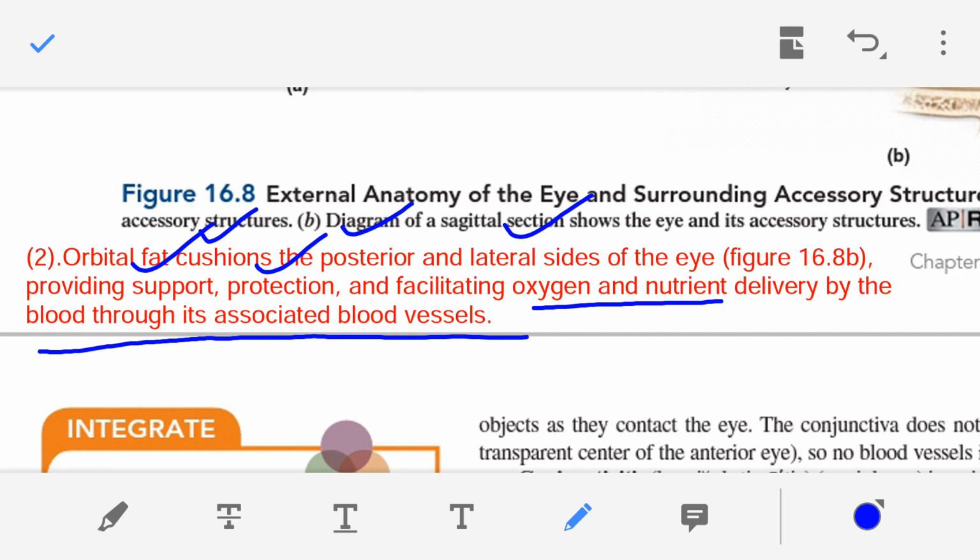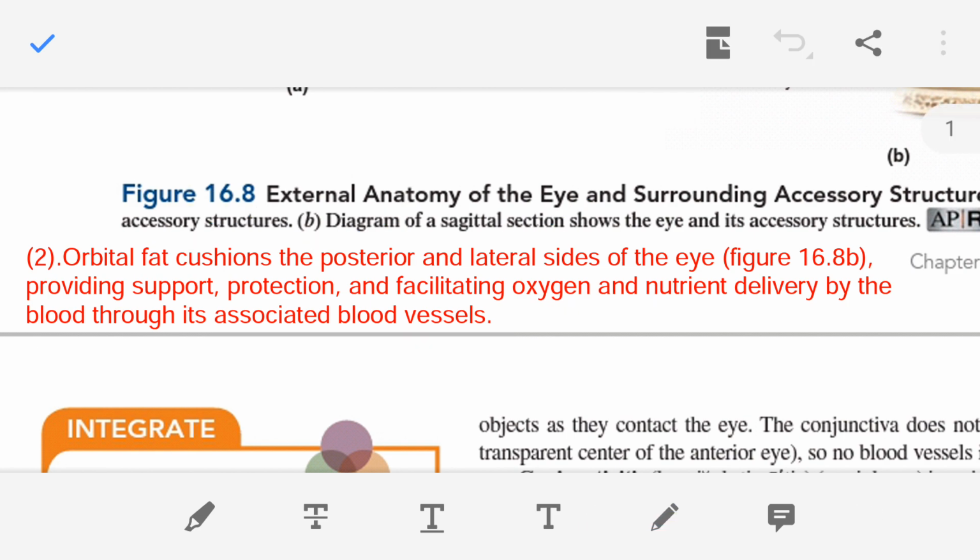From the capillary network, the capillary blood provides oxygen and nutrients to various cells of the eyeball. So this is the role that orbital fat is playing.